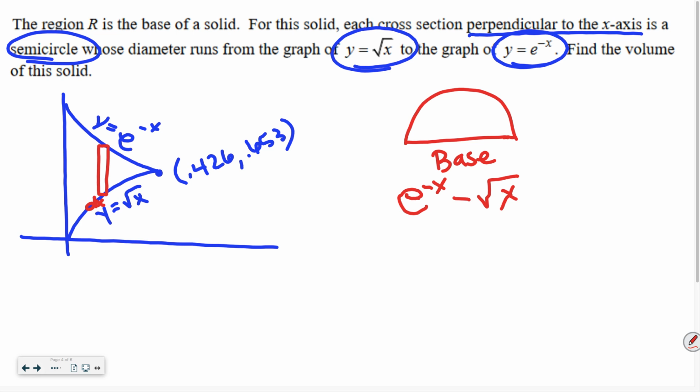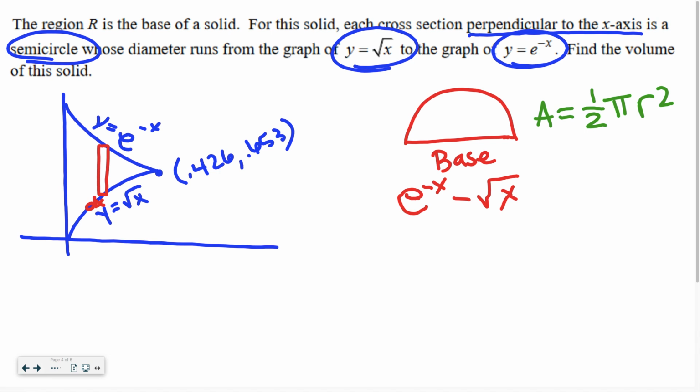Right, the diameter, not the radius. Okay, just verifying. How do we find the area of a semicircle? 1/2 pi r squared.